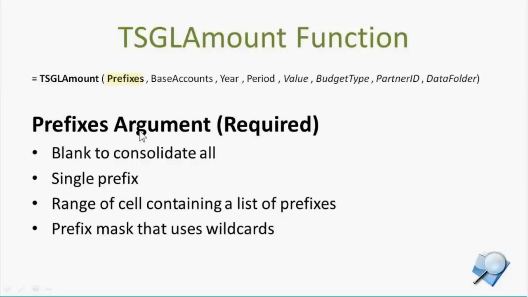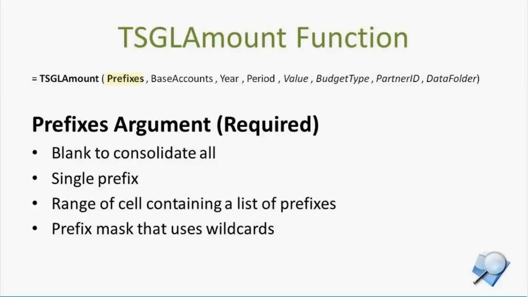The prefixes argument is a pretty flexible option in that you can see that if I leave it blank, I get a consolidation of all companies, all prefixes. Even if some of those entities have periods that end in different months, so perhaps company 10, the current period ends May 31st, and company 22, the current period maybe is ending April 30th, and that's fine.